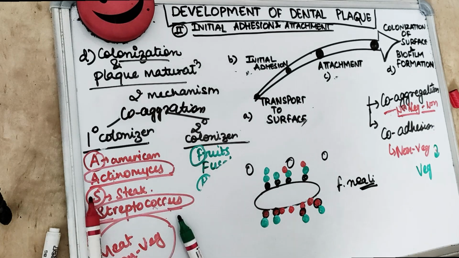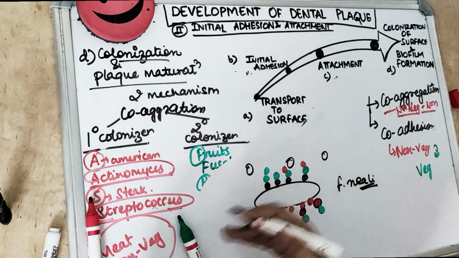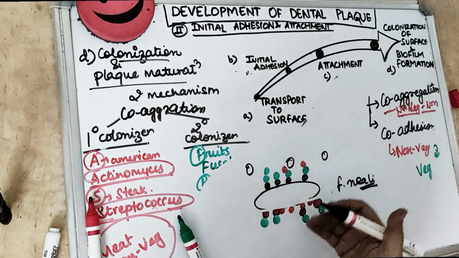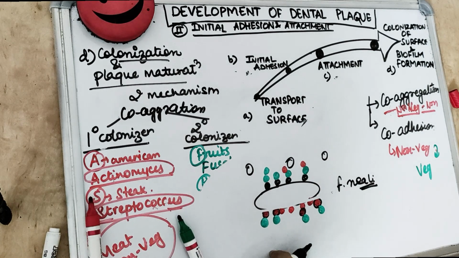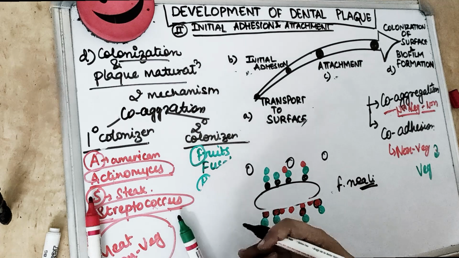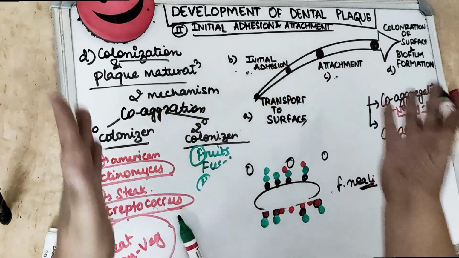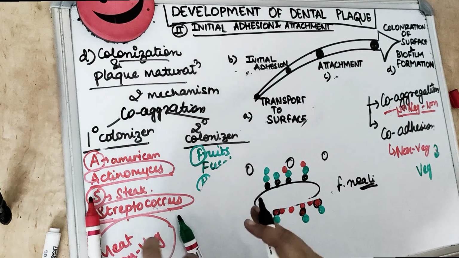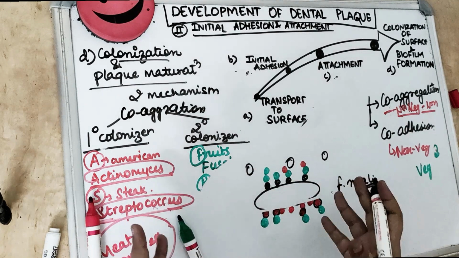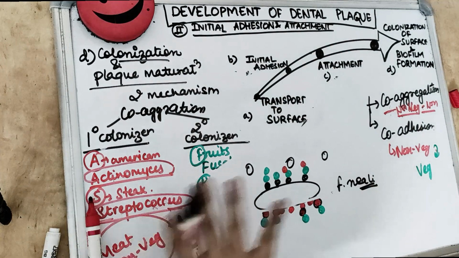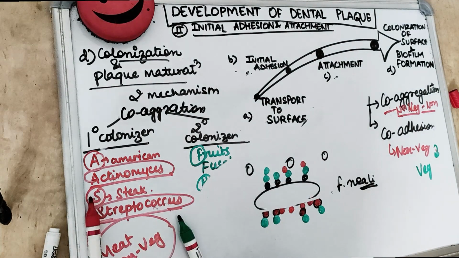So the primary attachment is the primary colonizers attaching onto the surface, and then later on the secondary colonizers attach, and the primary colonizers are giving this attachment to the secondary colonizers as if the people are spreading the coronavirus. The primary colonizers give receptors for the secondary colonizers so that the secondary colonizers come and make a colony with them.